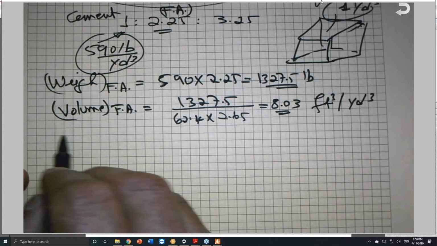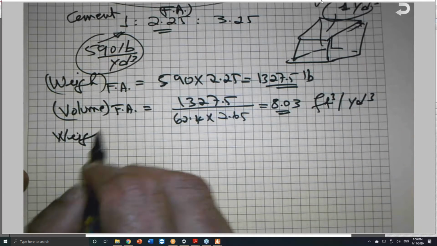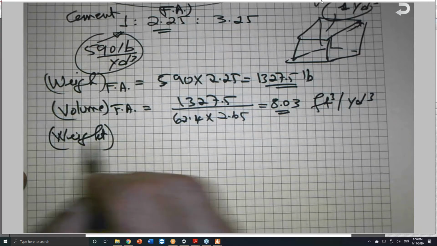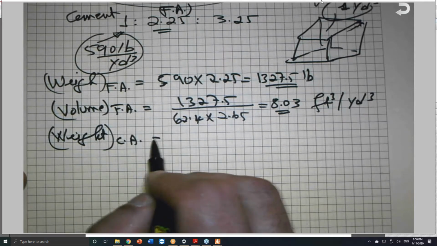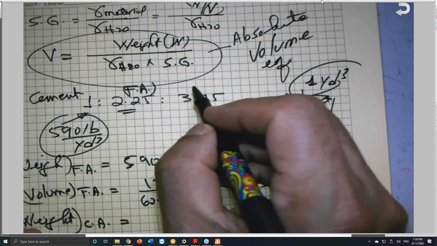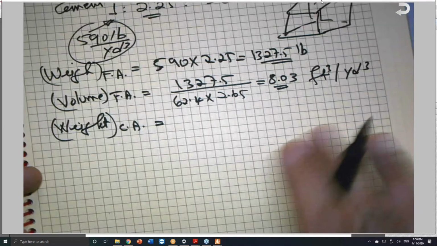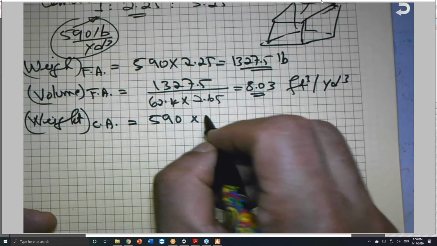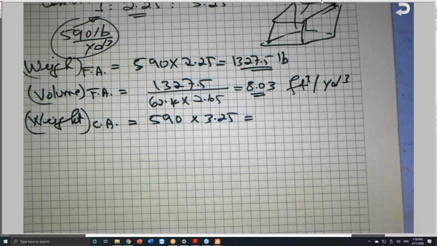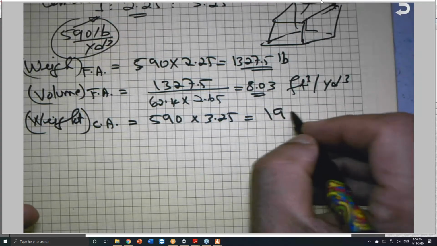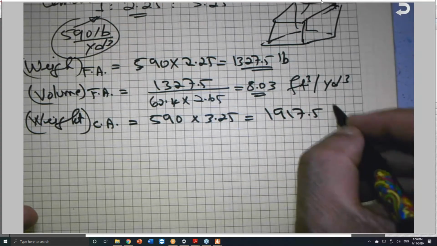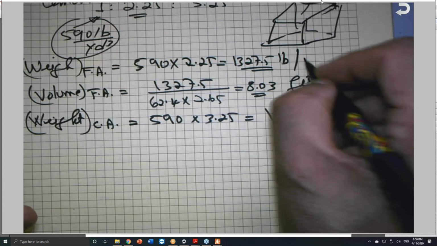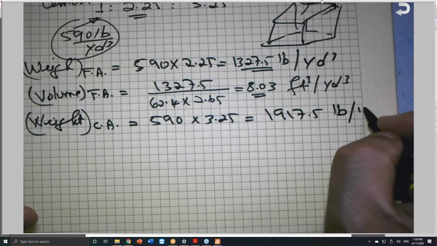What about the weight of the coarse aggregate, which is the gravel? He said the ratio here is 3.25 for the coarse aggregate. So I will take the 590 pounds per cubic yard times 3.25. It is 1,917.5 pounds per cubic yard, by the way. Everything is per cubic yard.